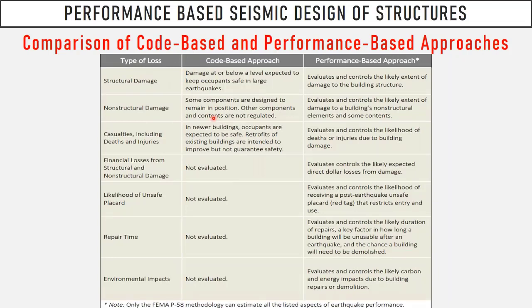But the design criteria is defined based on different aspects, like what the structural damage will be, non-structural damage, of course casualty, financial loss, whether the building will be unsafe to place a red tag after an earthquake, and what the repair time will be. Now, one step further, what will be the environmental impacts?